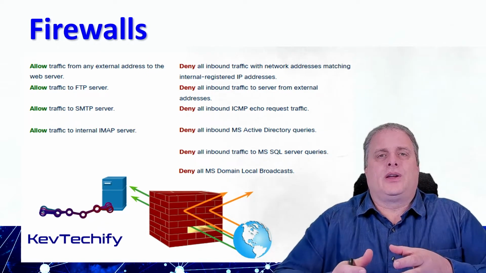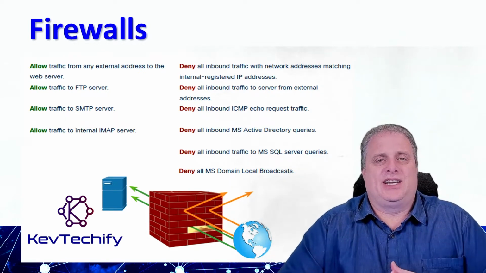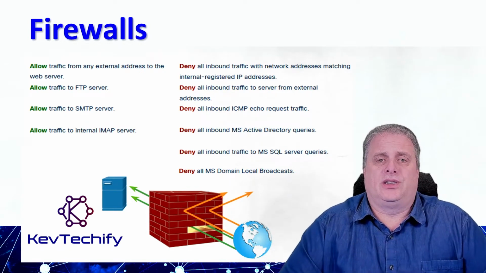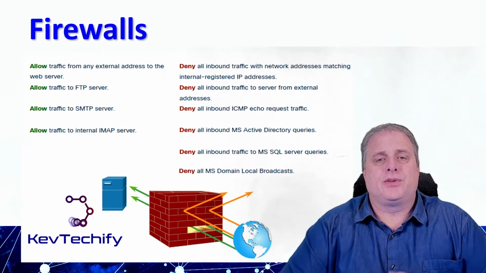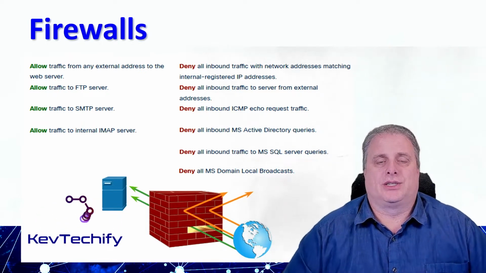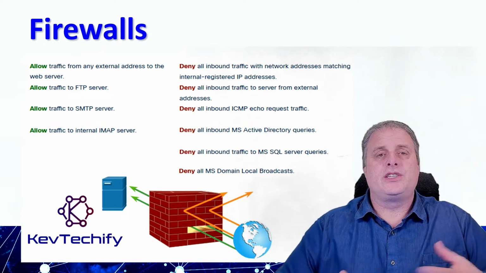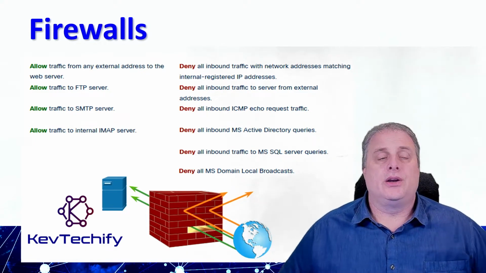What you're allowing in and out of your network, what traffic you're going to allow to certain destinations or that originated at certain destinations. There are a couple different types of firewalls, and each of those different types have benefits and limitations. Here are some examples on how you could set up your firewall to protect your network.